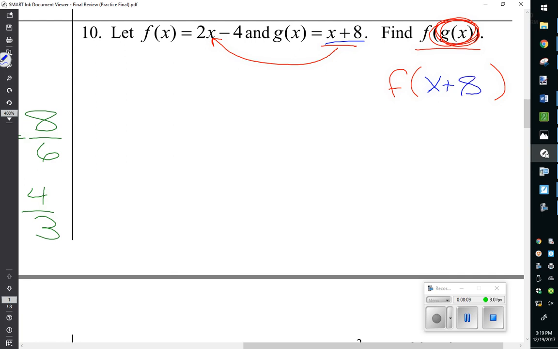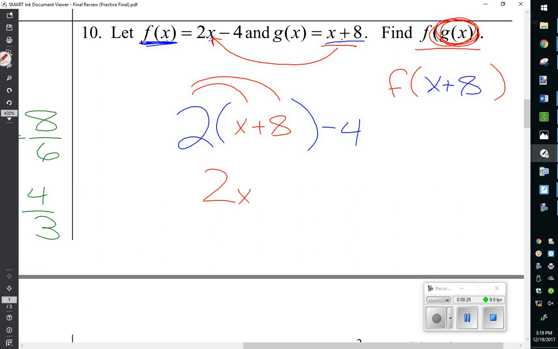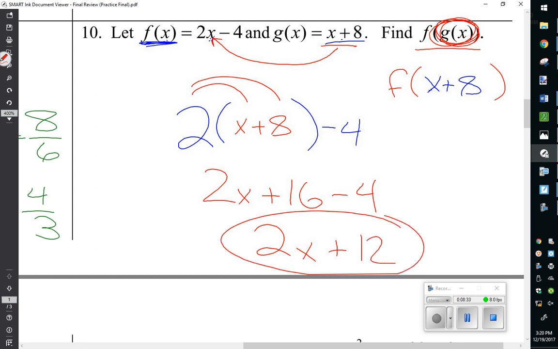That means instead of writing x for the x in the f equation, you're going to plug in for x the g equation, x plus 8. So we're going to distribute. And then I can combine like terms. 2x, 16 minus 4 is 12. I plugged in and simplified there.